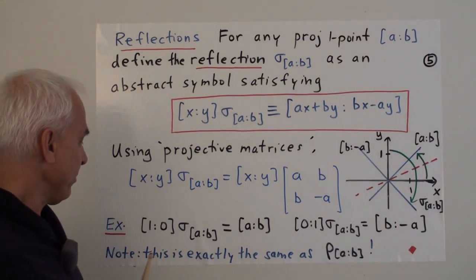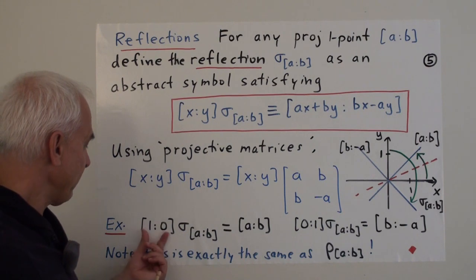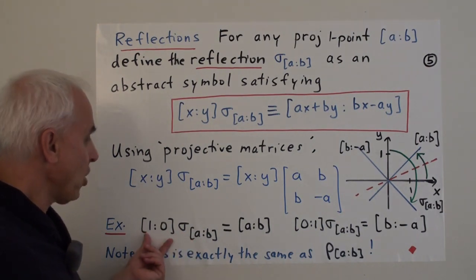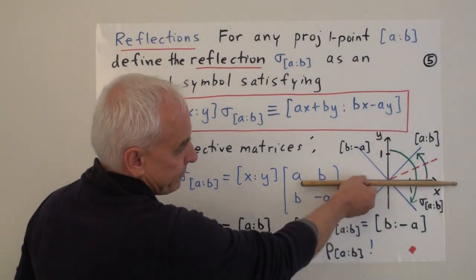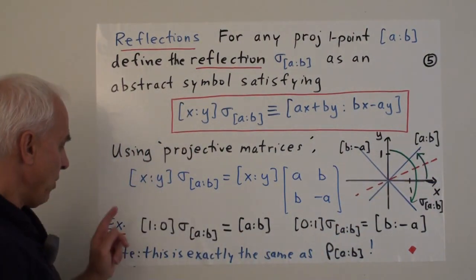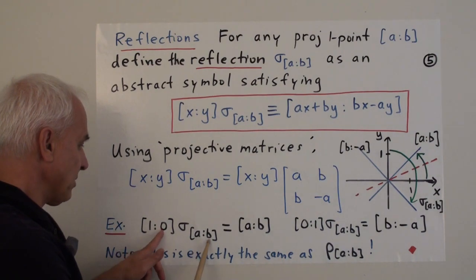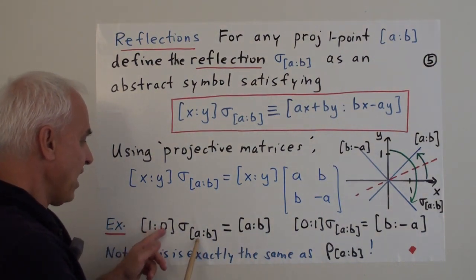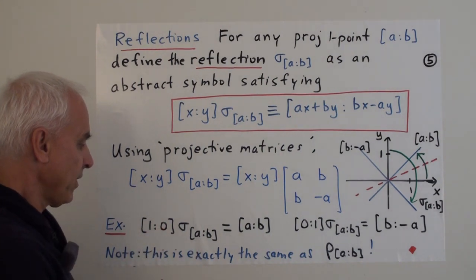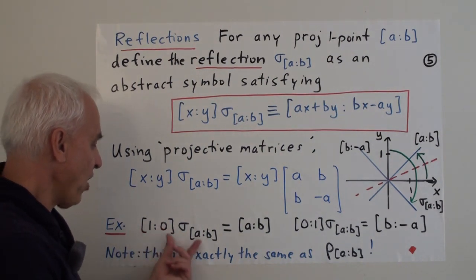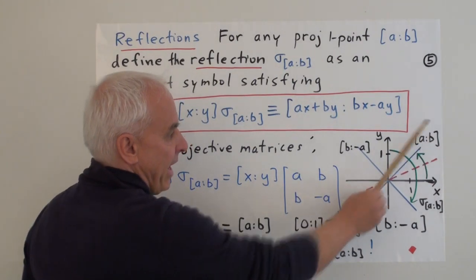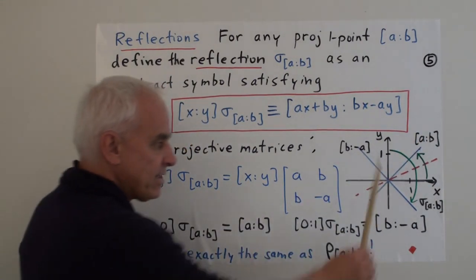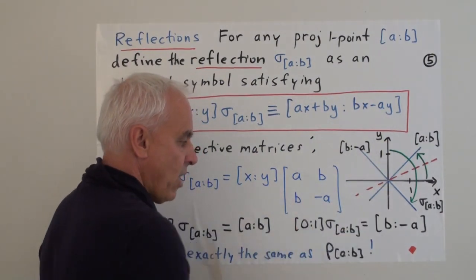As an example, a very simple calculation, let's look at a general sigma a to b acting on 1, 0. Here's our line 1, 0. What happens? We have to take 1 times a plus 0 times b, that's a, and then b times 1 minus a times 0, which is b. So the effect is that this product is a to b. And what is its effect on 0 to 1?